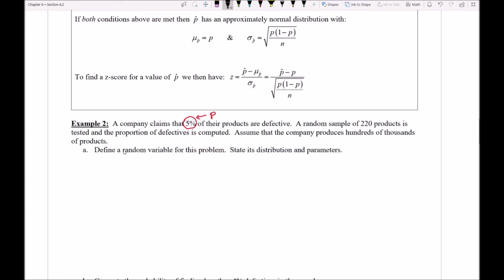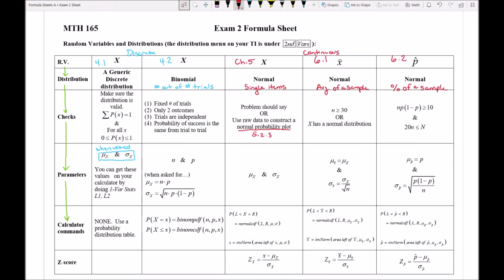We want to define a random variable, state its distribution, and ultimately its parameters. If we want to grab a sample of products and calculate the percentage that are defective, that is exactly what the variable p hat stands for. It's the percentage of a sample.